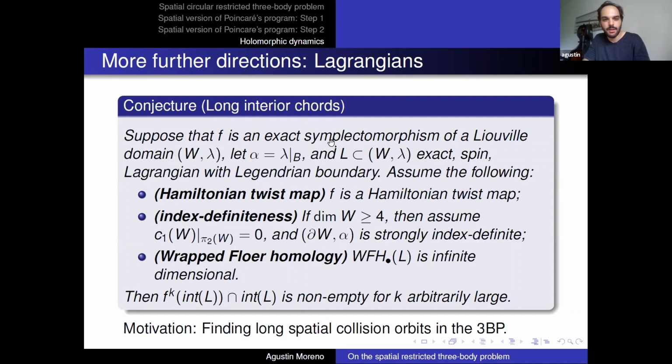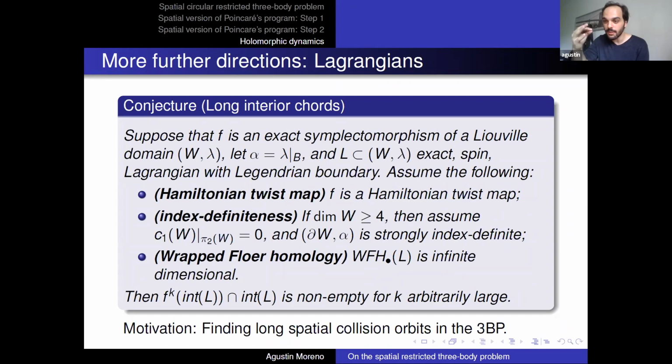If you have an exact Lagrangian, which is spin and has Lagrangian boundary and dual domain, and you assume a bunch of things, and in particular assume that wrapped Floer homology is infinite dimensional, then you should be able to find arbitrarily long chords in the interior. This corresponds to long collision orbits. And this is the kind of game that you can try to play from stuff that we already know.